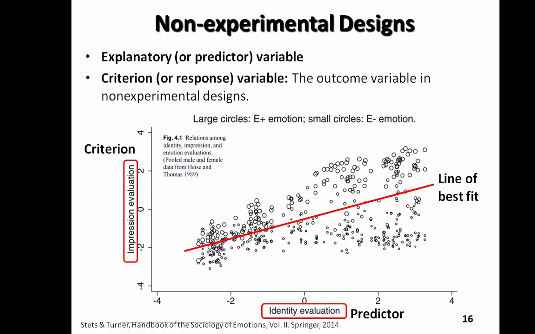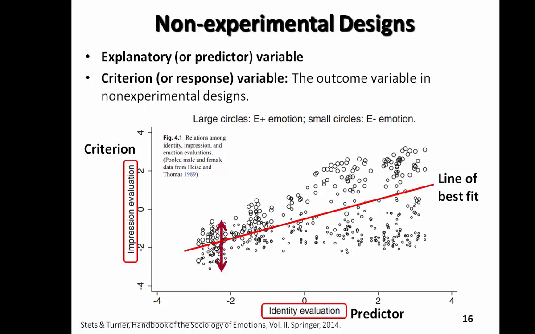And so that refers to a line that can be drawn in a manner that will minimize how much distance occurs among all the individual raw data points from that line. And so although the line of best fit is the first step in quantifying a relationship, we're not looking for differences between the predictor and criterion variables, we're examining how these two are related to each other.